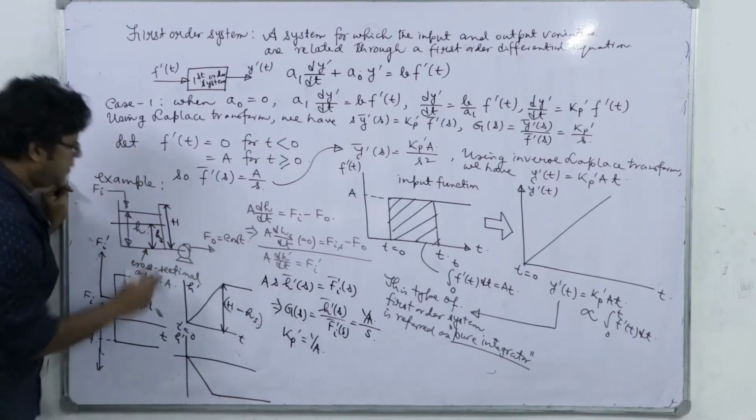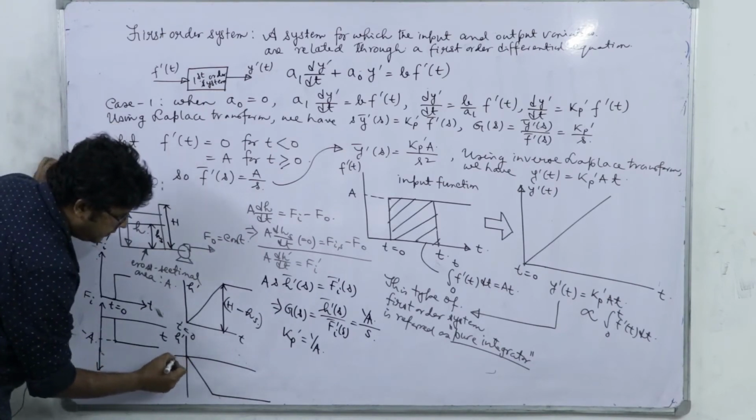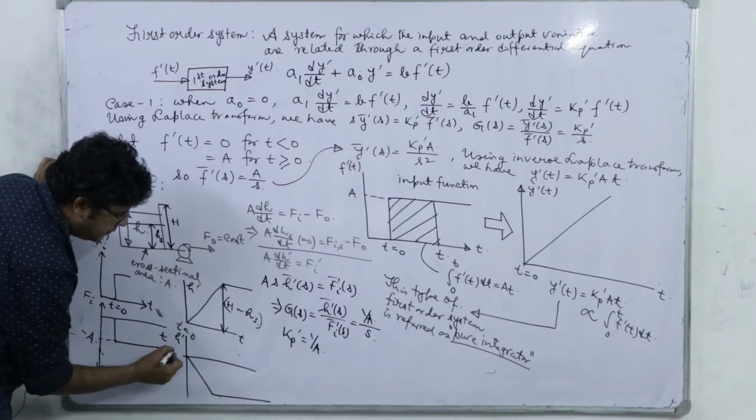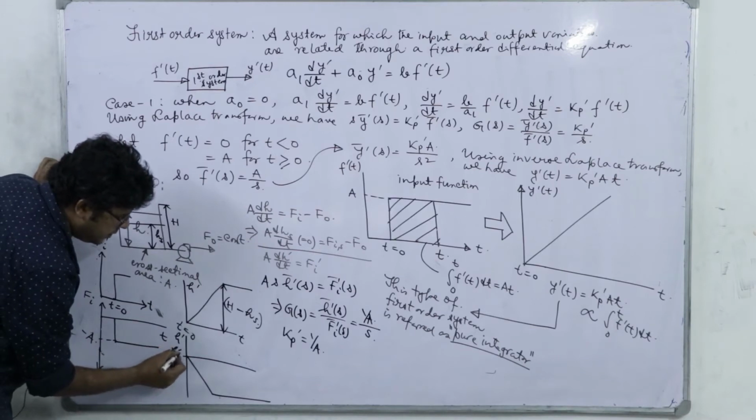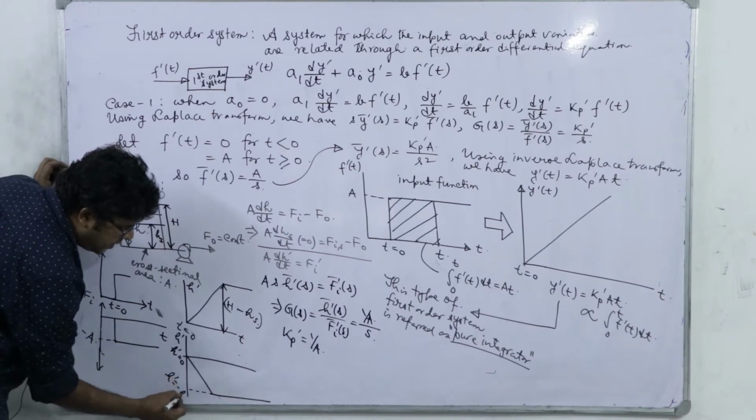So this is 0, H prime here will be 0, and here H prime is equal to minus of Hs.